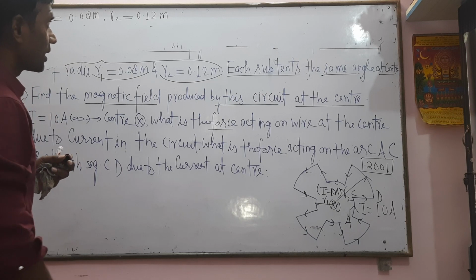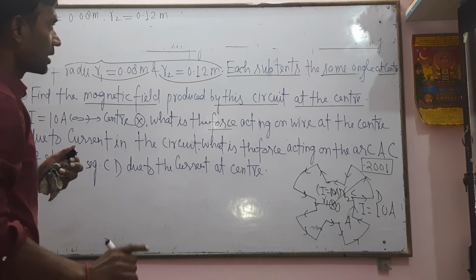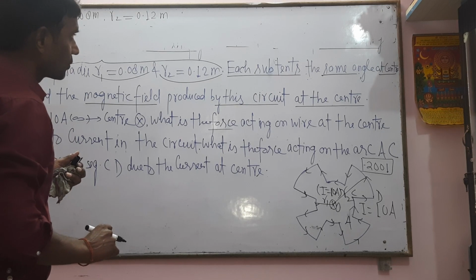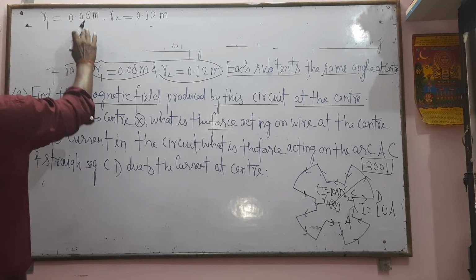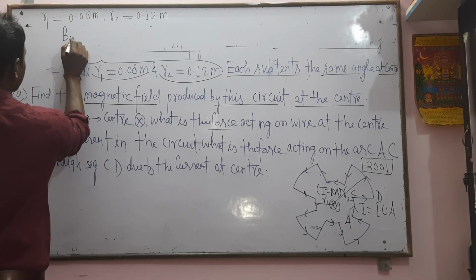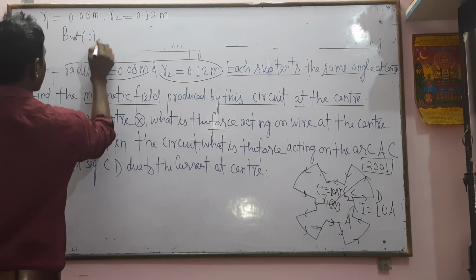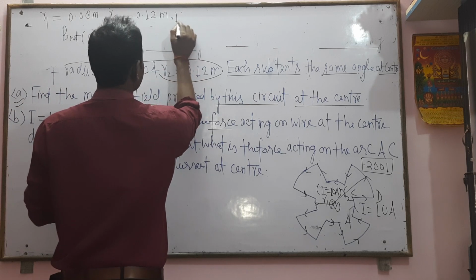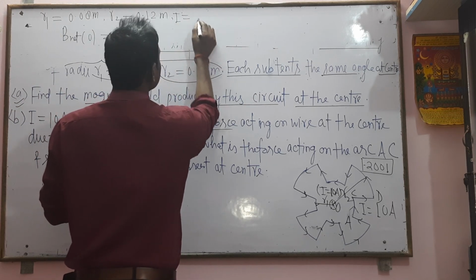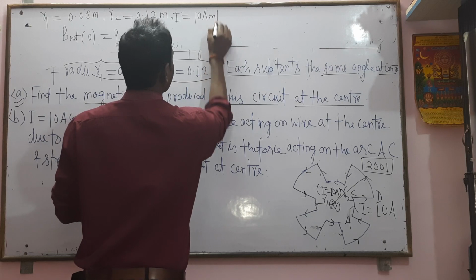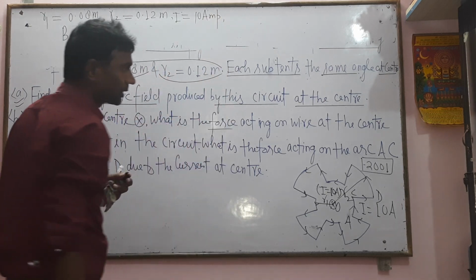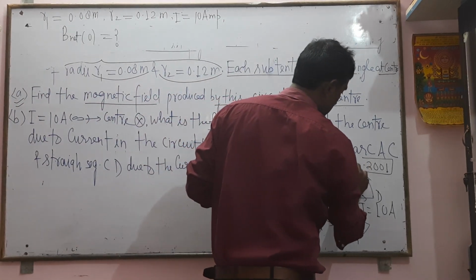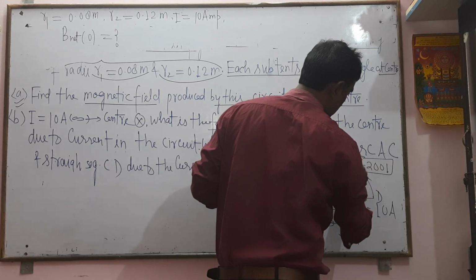Each segment subtends the same angle at the origin. First, we have to find the magnetic field at the center O. Also, the current is given, I equals 10 ampere. This question is from IIT 2001.